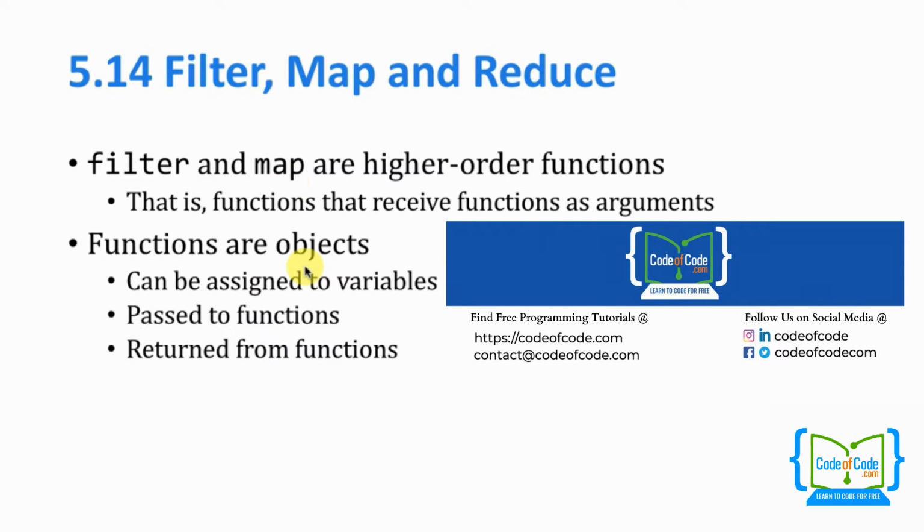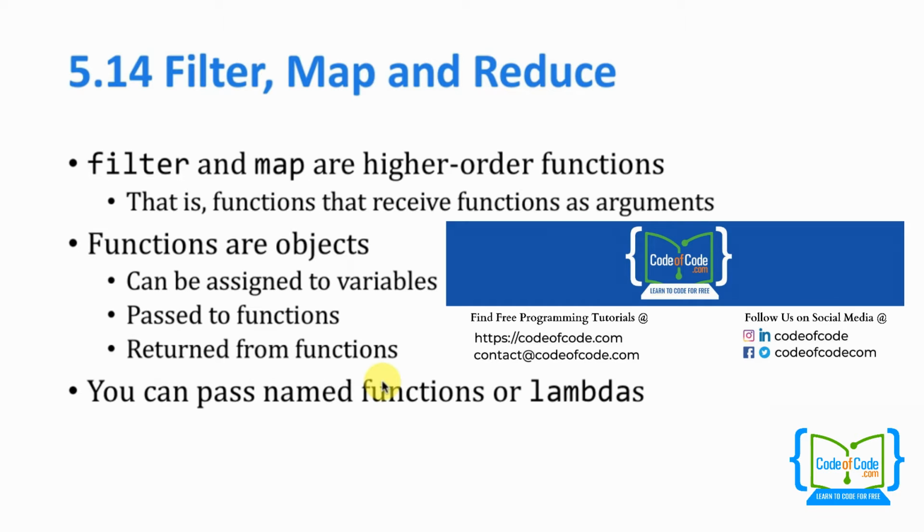Now, as you're going to see here, functions in Python are objects. Because they're objects, we can do things like assign them to variables and use them at a later time. We can pass them to other functions for execution, and we can also return them from functions as well. Functions are basically data just like integers and floating point numbers and strings and any other type that you process in Python.